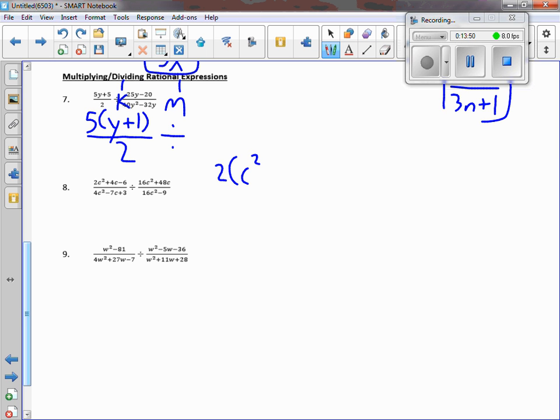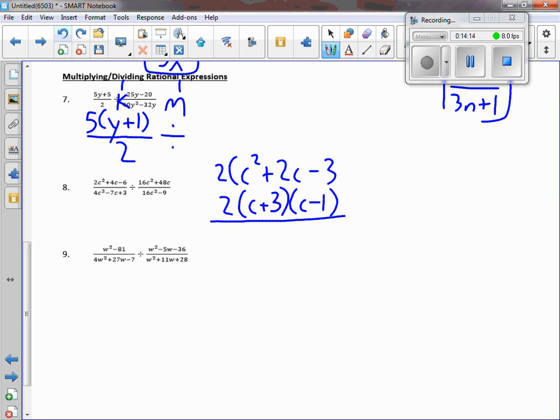I get c squared plus 2c minus 3. And then I'm left with a trinomial right here, so add and multiply. I'll get 2 times c plus 3, c minus 1. That'll be the top of our first rational.